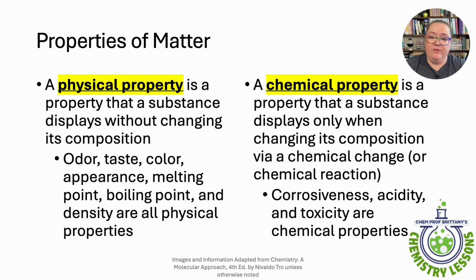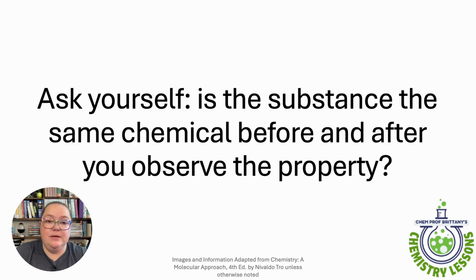Chemical properties, on the other hand, only appear when you are actually changing the composition through a chemical reaction. So corrosiveness, acidity, toxicity, those things are chemical properties. So the way to figure this out is to just ask yourself, is the substance the same chemical before and after you observe the property?